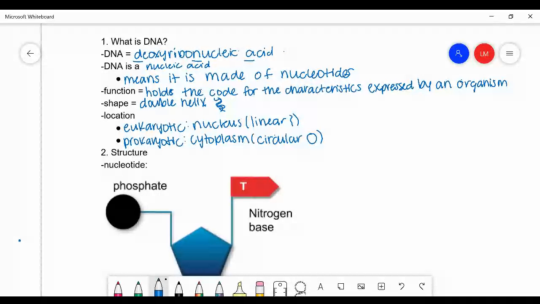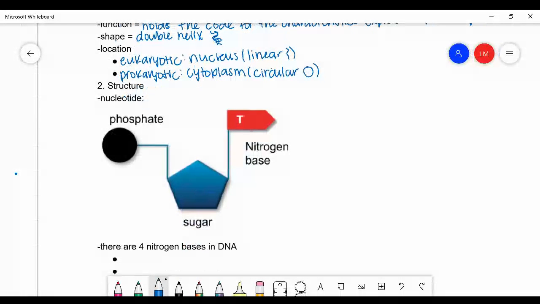Let's look next at the structure of DNA. As we said, DNA is made up of nucleotides. Each nucleotide contains a phosphate group, a sugar, which in this case is called deoxyribose, and a nitrogen base.